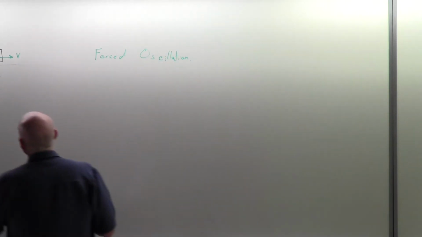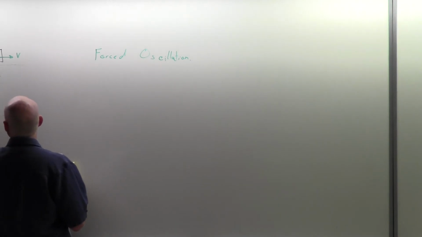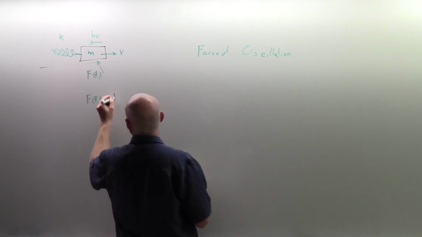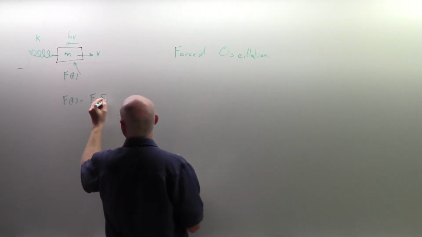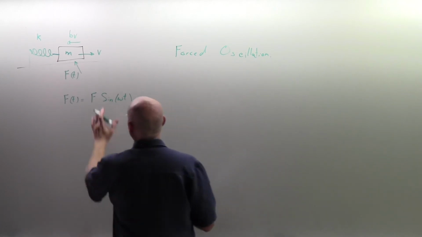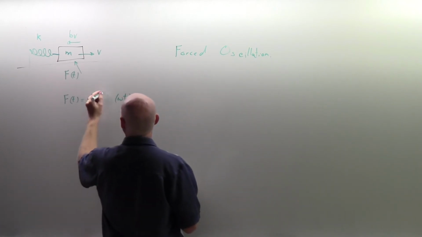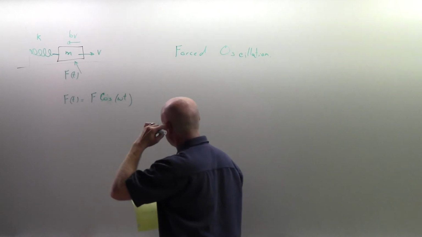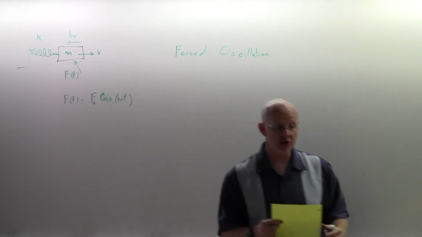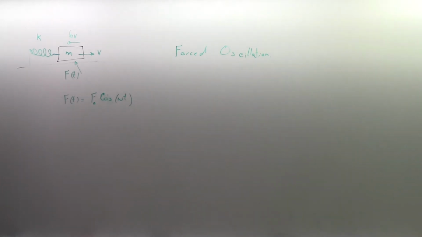Now, just to kind of keep the math a little bit simpler to get the idea here, let's just say that my force, I don't know if you want to use sine or cosine. Suppose it doesn't matter. But let me just say there's some force and it goes back and forth. So in other words, I am going to give it a force in addition to the spring.